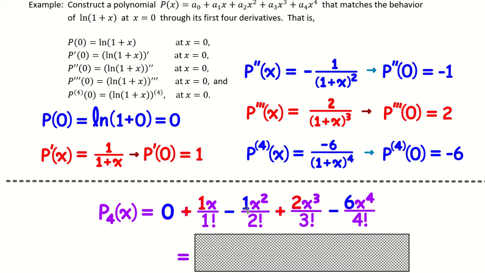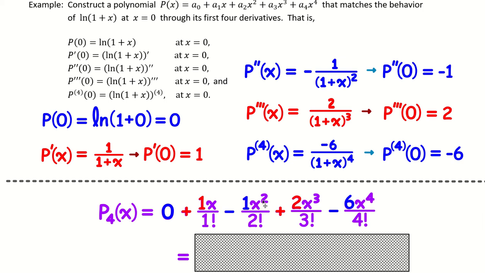Okay, but every term is your result from the derivative and plugging in 0, all over whatever factorial times x to the whatever. So this term is 1 x to the first, technically, all over 1 factorial.